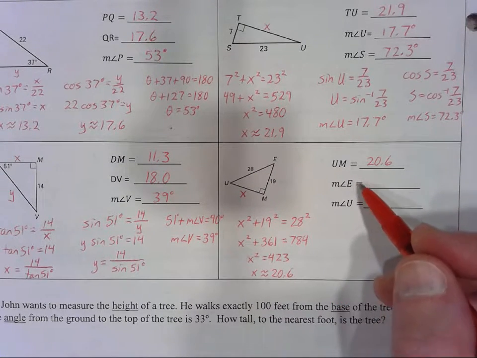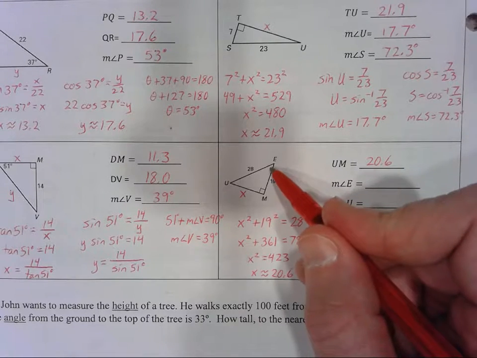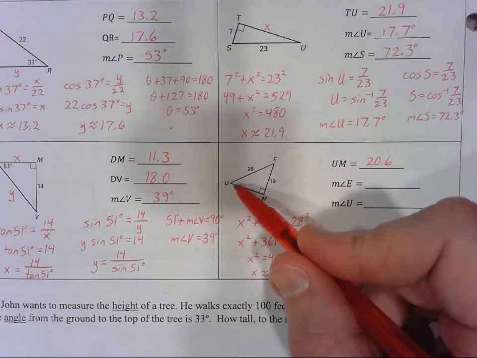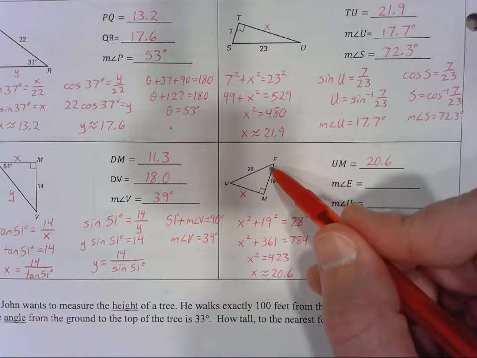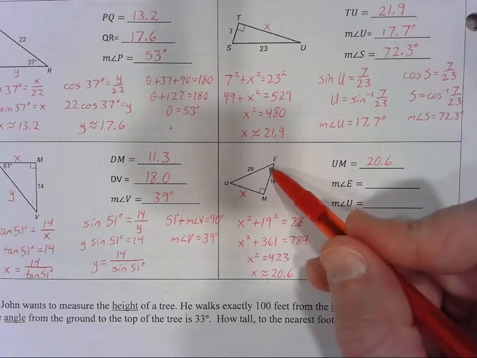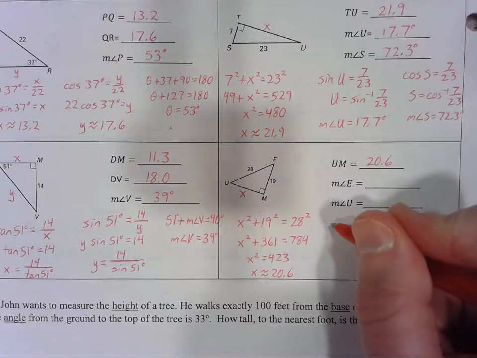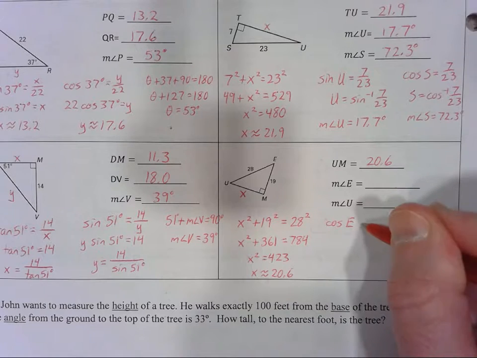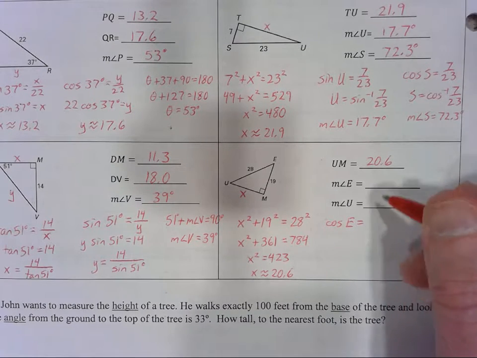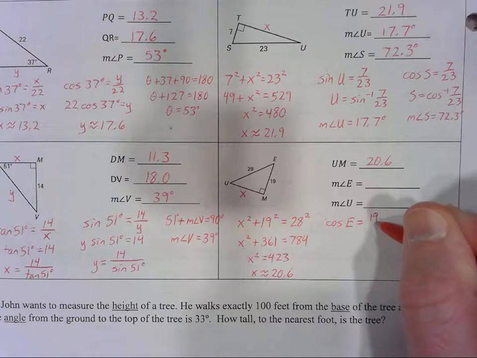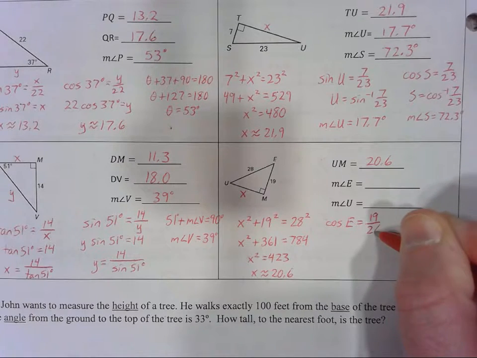Measure of angle E. This angle, we don't know the other two, so we need to use inverse trig. 19 is the adjacent side, 28 is the hypotenuse. So cosine of angle E is equal to adjacent over hypotenuse.